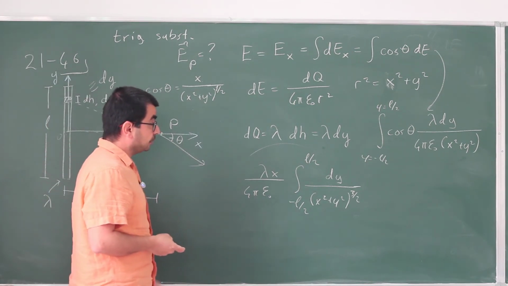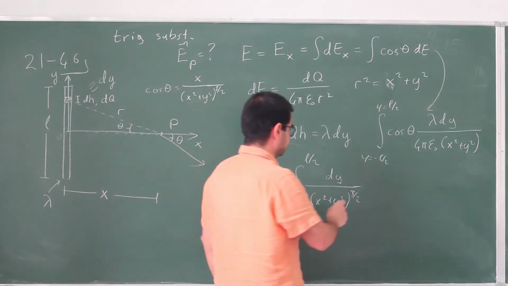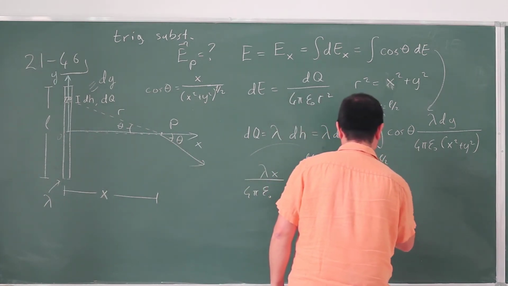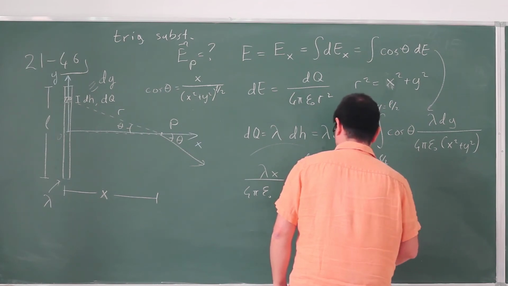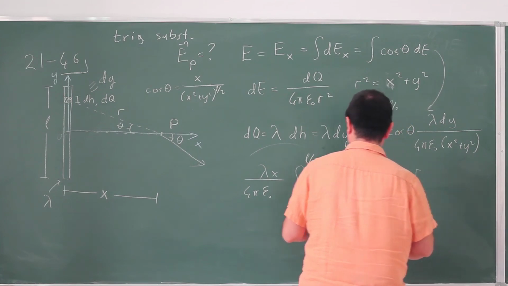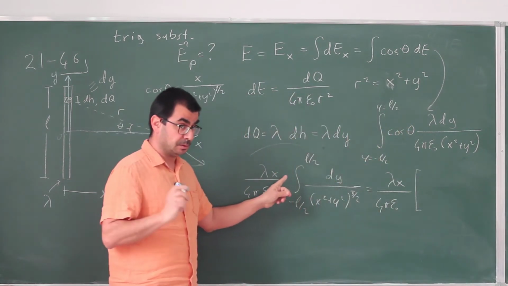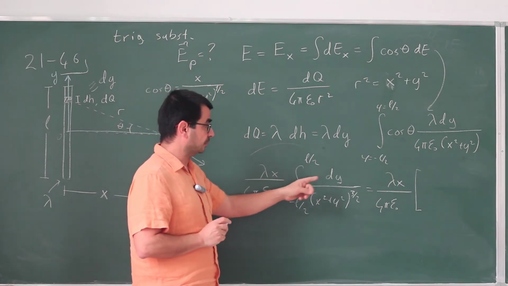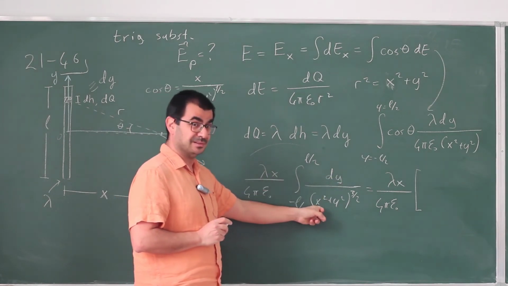All right, but if you look this up, let's write the constants, lambda x over 4 pi epsilon naught. When you're looking this up from the appendix in the book, be careful. All the integrals are given there in terms of the variable x. Here our x is a constant.